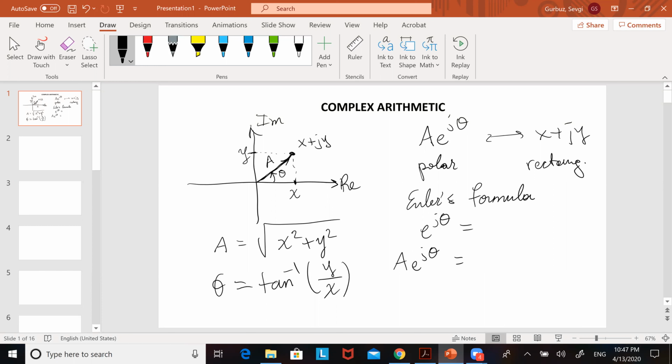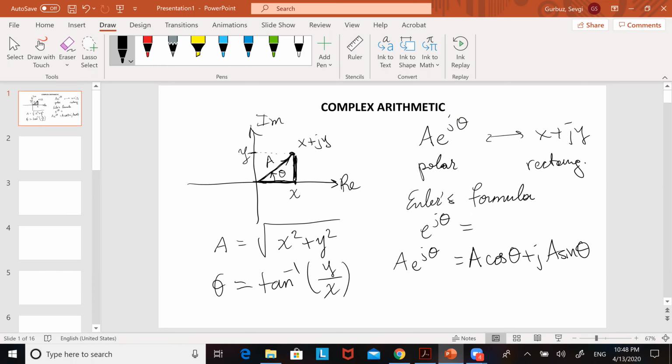What is the real component? Well, it would just be the length of this segment here, which from trigonometry we could write as a cosine theta. Then we would add to this the imaginary component, which would be y, and that is equal to the vertical side of this triangle here, which would be plus j times a sine theta.